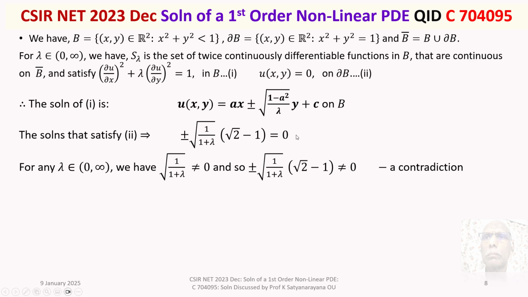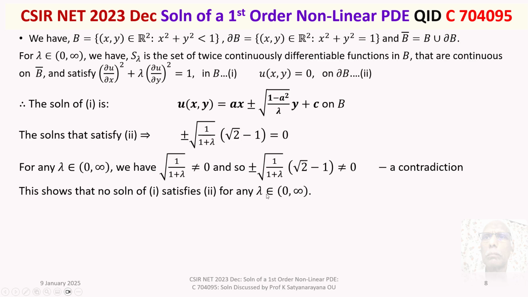This contradiction shows that for no lambda from 0 to infinity does S lambda have any functions in it. This shows that no solution satisfies the second equation for any lambda belongs to 0 to infinity.